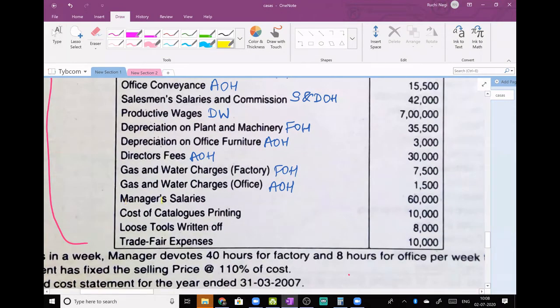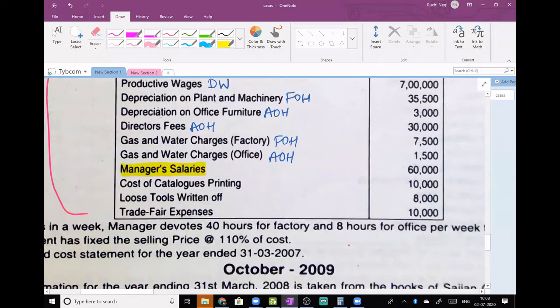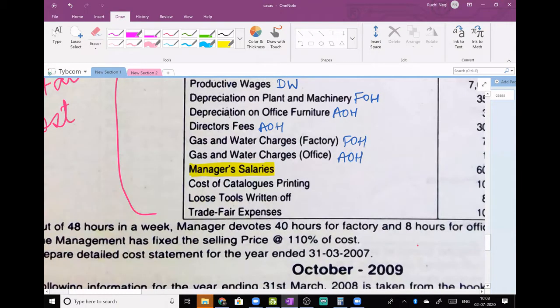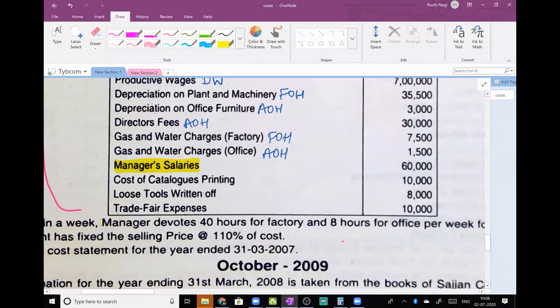Manager's salary. Look down. Out of 48 hours in a week, manager devotes 40 hours for factory and 8 hours for office. Is that clear? So his 40 hours' salary is in connection to factory, so it will go to factory overheads, and his 8 hours' salary is in connection to office, so it will go to admin overheads.